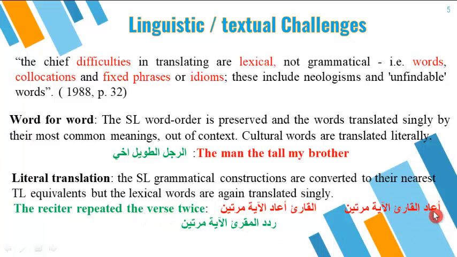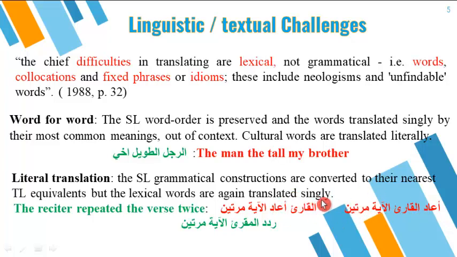What happens here is that we converted the word order into the target language equivalent, which is al-jumla al-fi'liya, the verbal sentence that starts with the verb. And we continue, al-qari'u أعاد القارئ الآية مرتين.